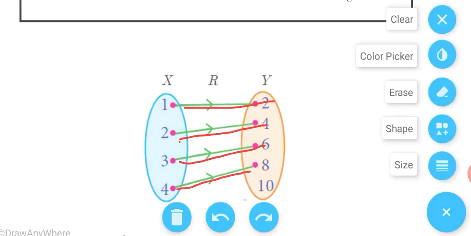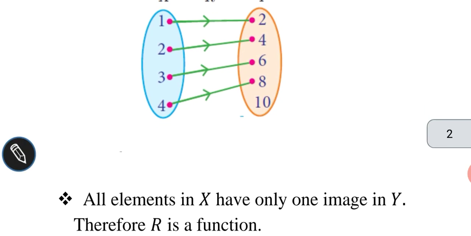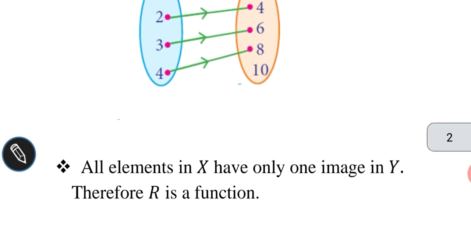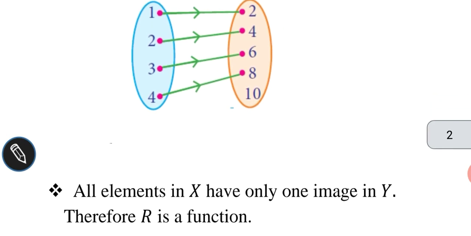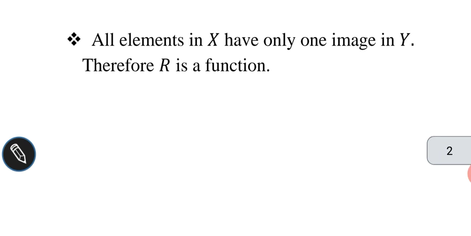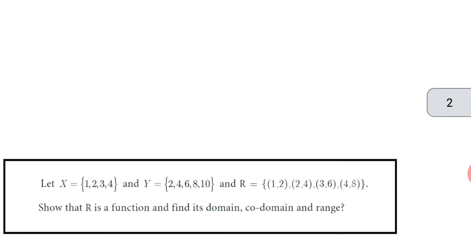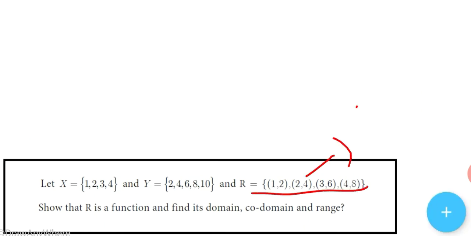Okay, so this is a relation. All elements in X have only one image in capital Y, therefore R is a function. So therefore the given relation is a function.